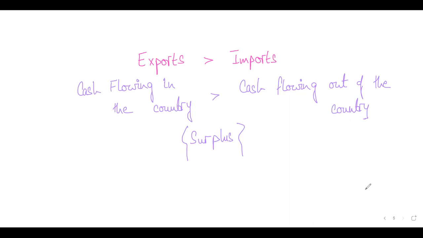Okay. Now, this being said, we know how balance of payment works, the basic idea. Now, the thing that we're about to discuss is the relationship between inflation and balance of payments. Before I even explain this, knowing what inflation is and knowing what balance of payment is, can you think what relationship you expect?